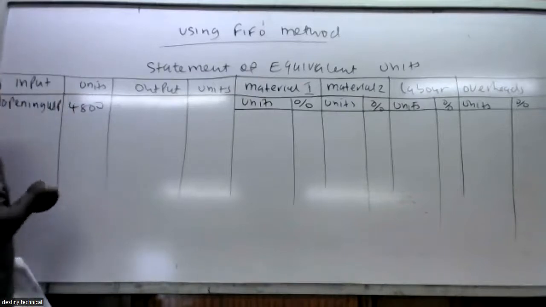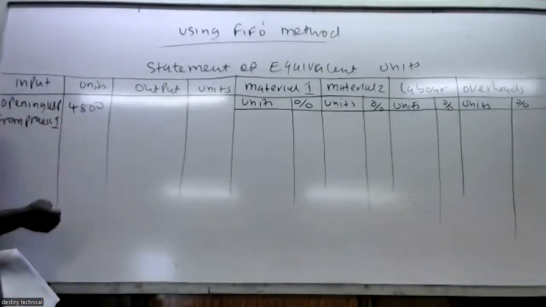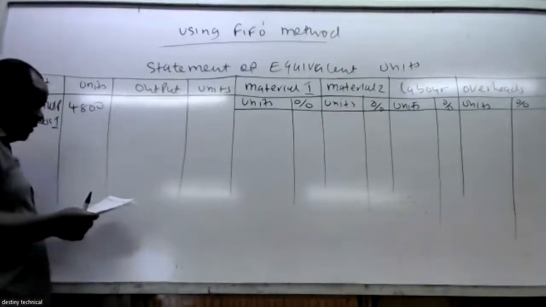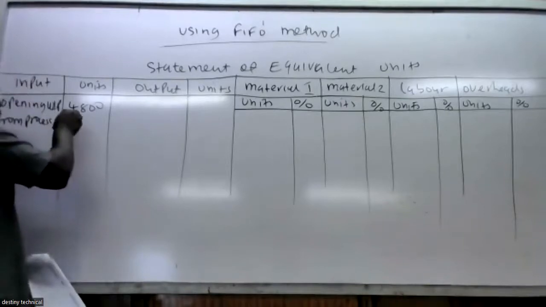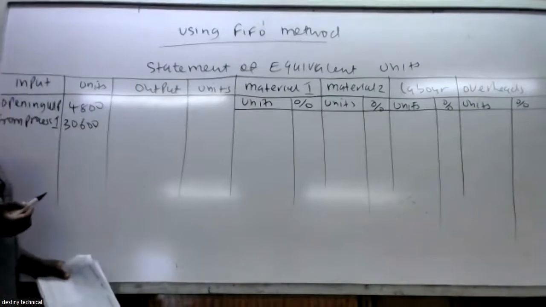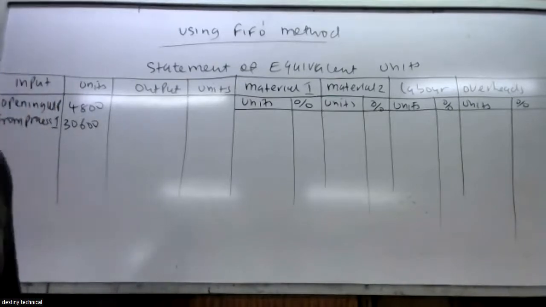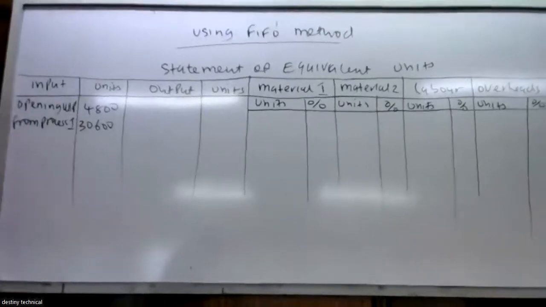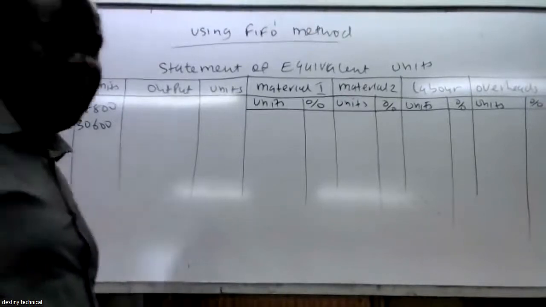Then you are supposed to include from process 1, which is what you are given in note number 1 as 30,600. That is the information you will be recording on the side of the input.